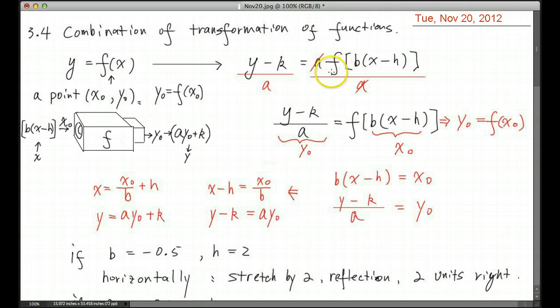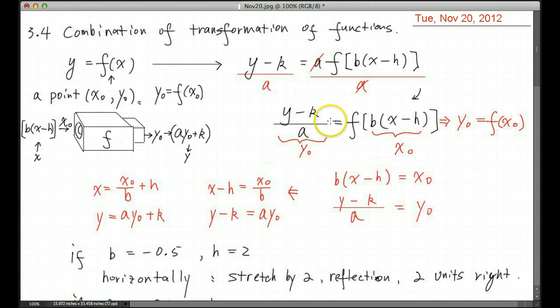So you can try to look at it this way. Divide by a on both sides, then you can transform this function into this form. You can see everything here has something to do with the y.